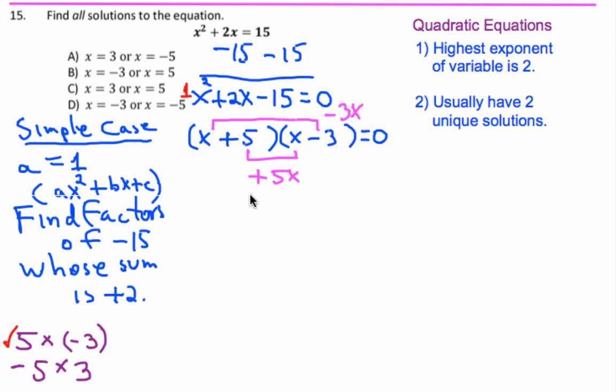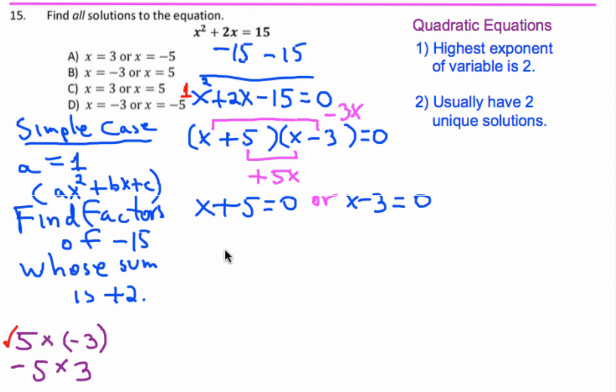So now we have two factors being multiplied together to give you 0. The only way two factors can be multiplied together to give you 0 is if one or both is 0. So either the first factor is 0 or the second factor is 0.